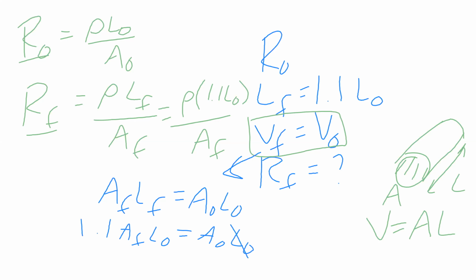I can get rid of my L initial. Keep in mind what I want to substitute out: area final, for something in terms of area initial. So I rearrange a little bit to get that area final is equal to area initial divided by 1.1. Now I have something that can be substituted.